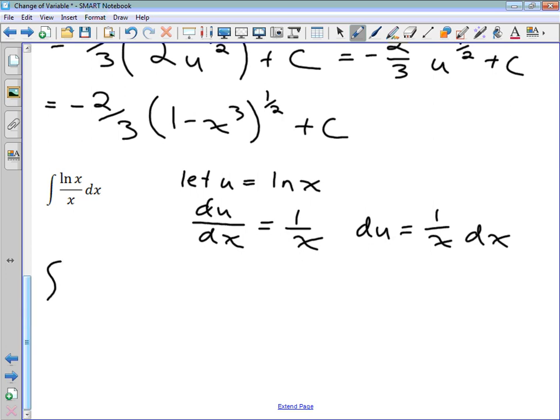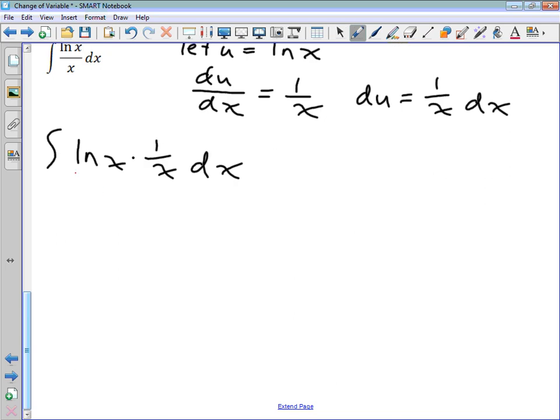Well, our integral is ln x over x, or ln x times 1 over x dx. So this looks great. Now, if we substitute in u for ln x and du for 1 over x dx, our integral is the integral of u du.